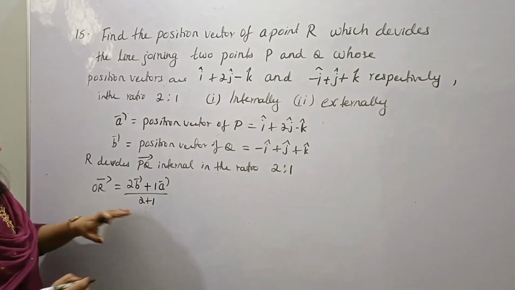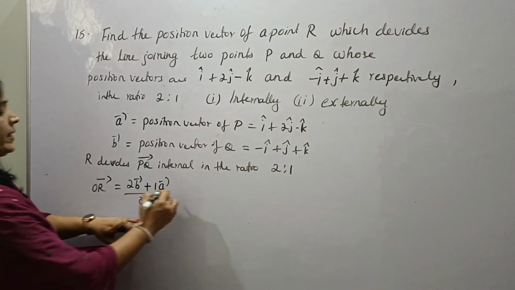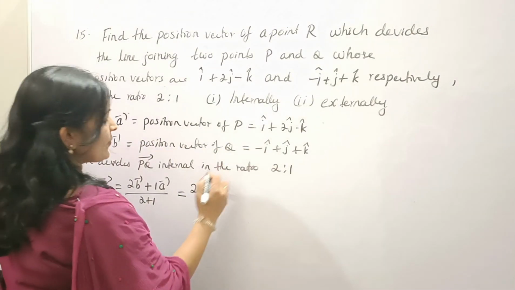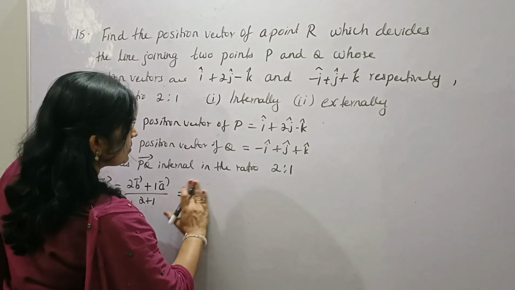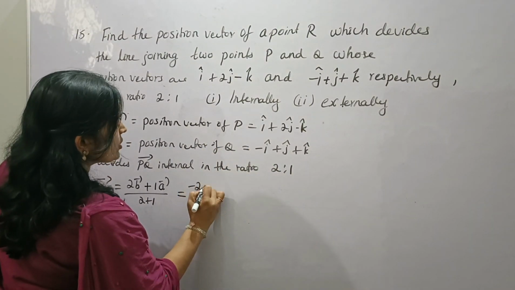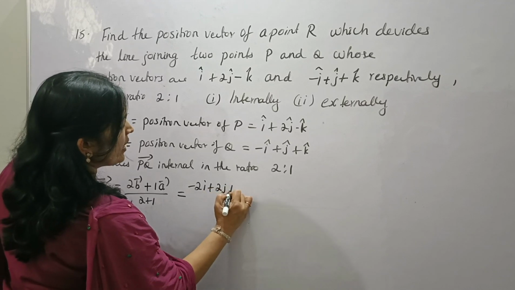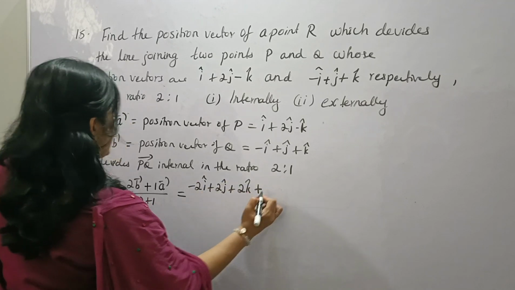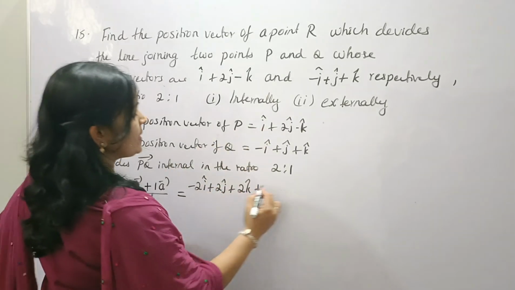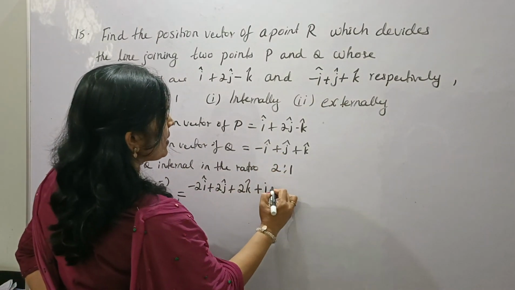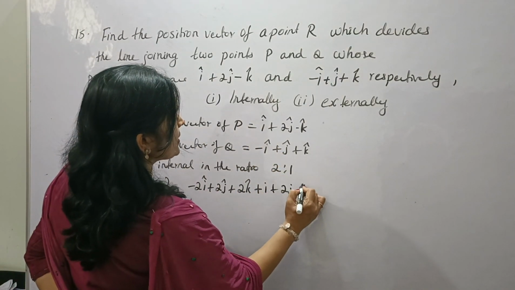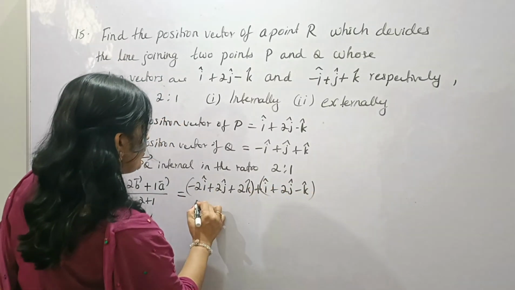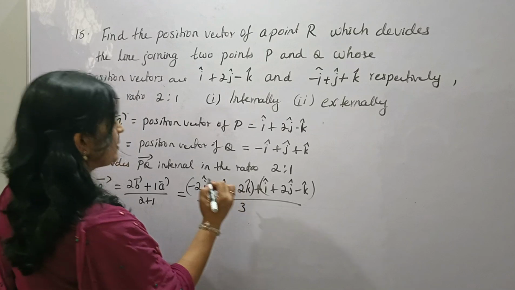2 plus 1. This formula we have studied. That is equal to 2 into vector B, that is this vector minus i, directly we will write minus 2i plus 2j plus 2k, plus 1 into A, that is this vector i plus 2j minus k, divided by 2 plus 1, 3.